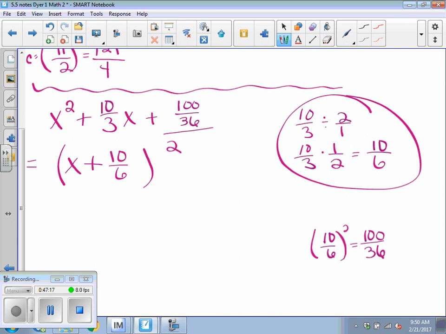B divided by 2. It's x plus or minus your b divided by 2, which we already determined was 10 over 6. Okay? So be careful with the ones that are fractions. Also, when you're solving these, after you complete the square, if you end up with a negative underneath the square root, take out an i. Your answer is going to be a real number plus or minus an imaginary number.